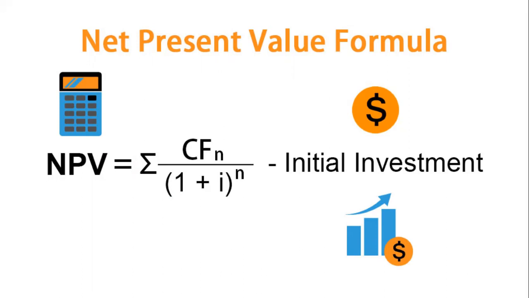So from the economic perspective, if you want to do a financial analysis of, let us say, an energy audit project, then we need to sum up the cash flows by considering the time value of money, and then we need to subtract the initial investment of that proposal. And if we get that as a positive term greater than 0, then we would say that on the net present value method, using the net present value formula, that proposal is a financially viable proposal.